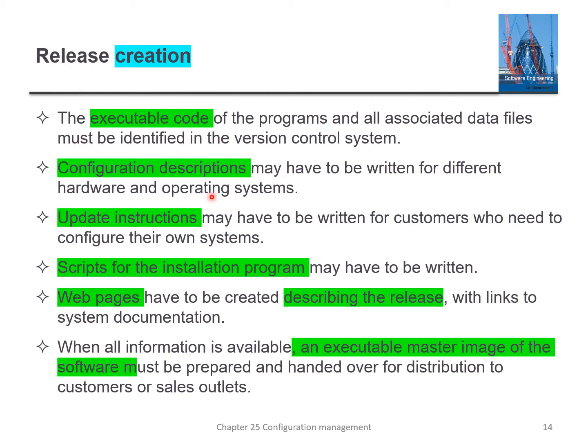It should come together with a configuration description: what hardware to be used, what operating system to be used, what library packages need to be included, and updated instructions, because a more technical customer sometimes would like to do the installation by themselves. Also a script for the installation program.